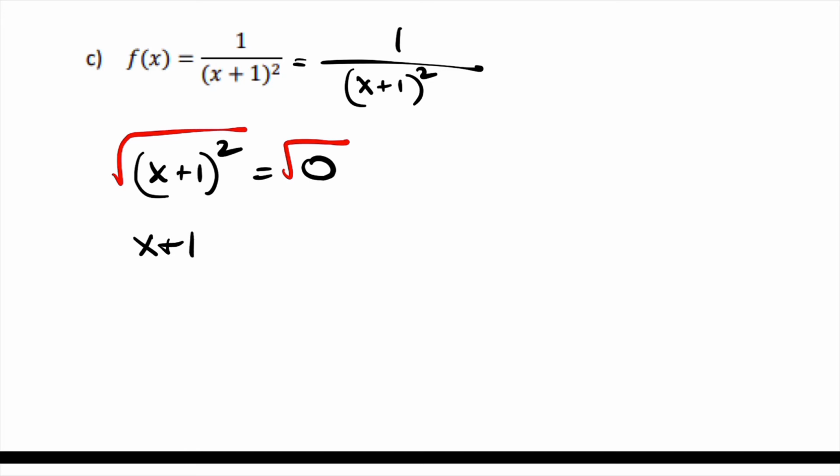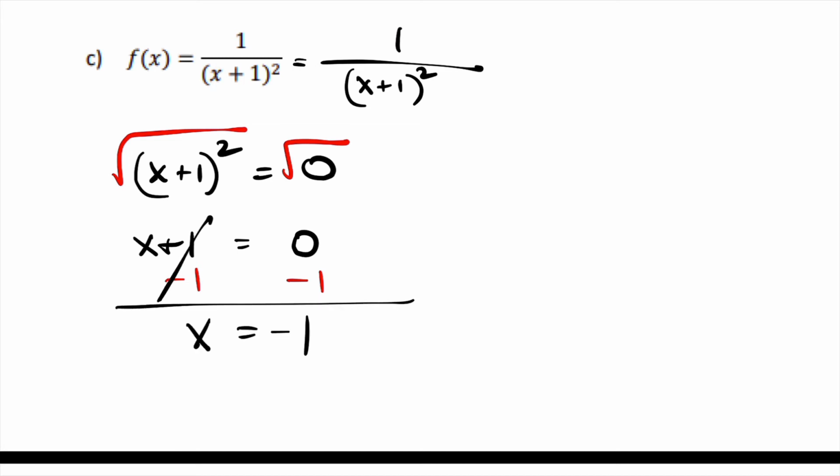So I get x plus 1 equals the square root of 0, which is just 0, plus or minus 0, but it's the same thing. Minus 1, and I get x equals -1. So on the test, I put vertical asymptote at x equals -1.